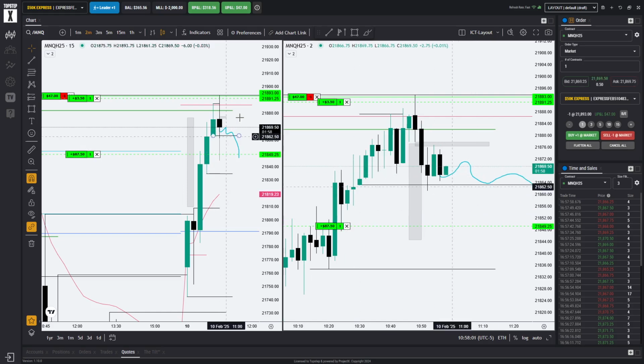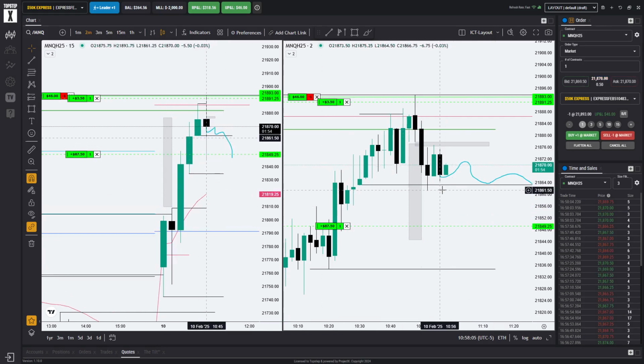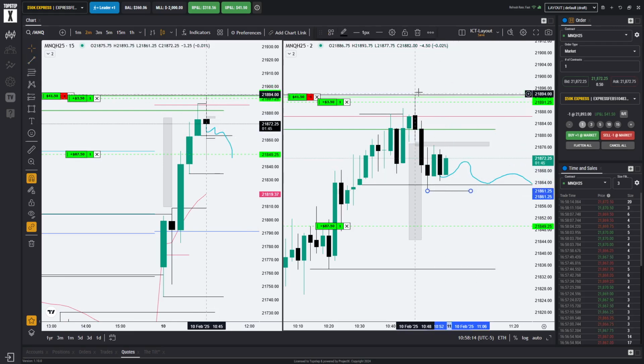2 more minutes on that 15-minute candle. The low is here. And the high is up there.